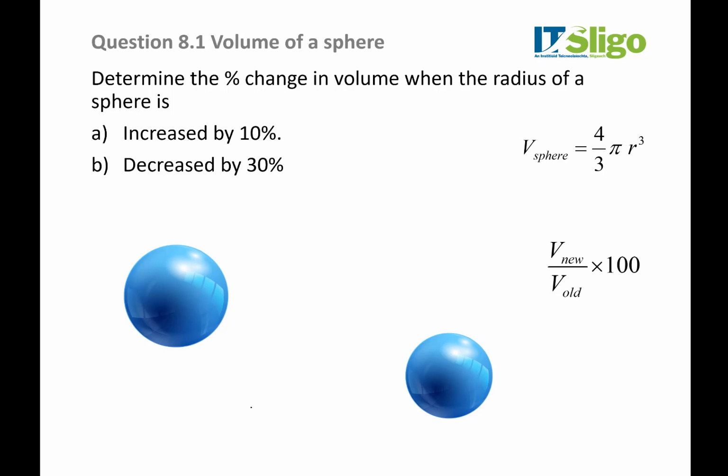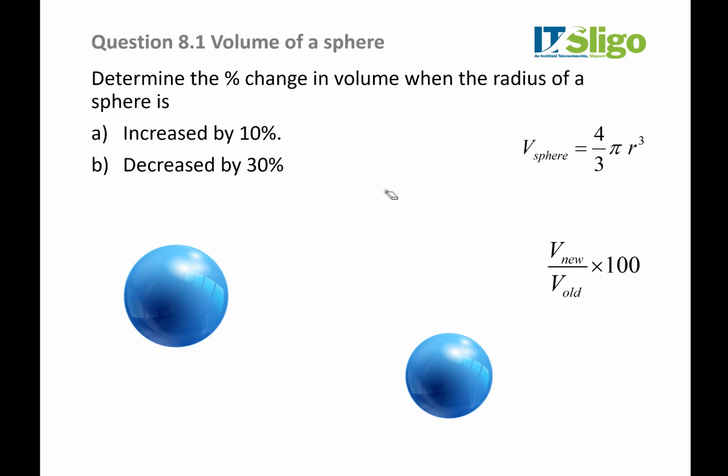Same idea, just use your percentages, new versus old, because it's been cubed. Here we're going to have V equal to 4 over 3 pi, but it'll be volumes actually, so I don't need that formula.